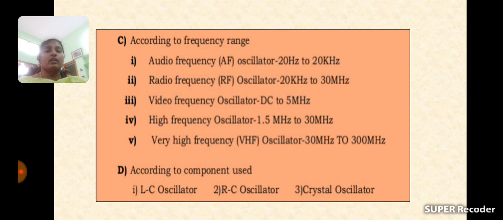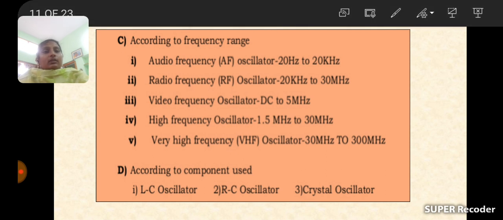An audio frequency oscillator is used to produce oscillations having frequency 20 Hz to 20 kHz. And radio frequency oscillators are able to produce oscillations in the range of about 20 kHz to 30 megahertz.